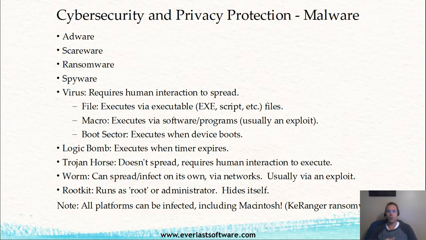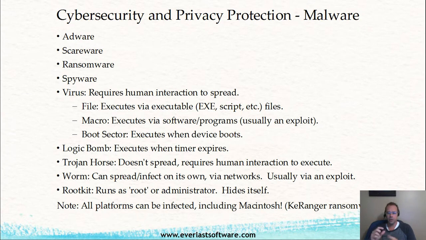The next category is called a Trojan Horse. And it's the same as the concept of the Trojan Horse with the Trojans, where there's this giant wooden horse that soldiers were in, pushed inside the gate, and then once the gate was closed, they all jumped out of the horse and attacked. It's the same thing, same concept.